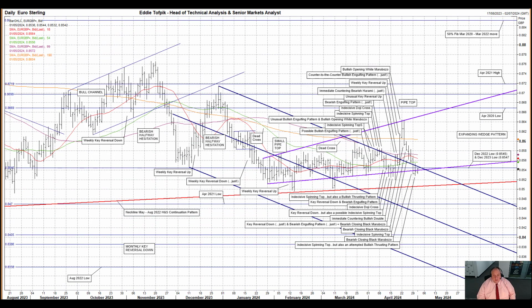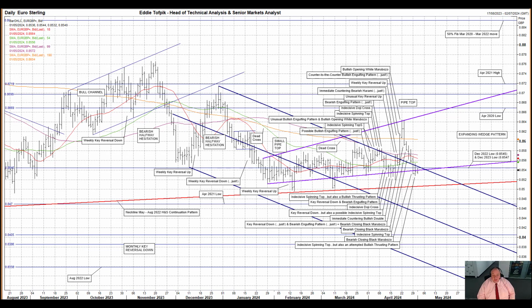Euro sterling, an indecisive spinning top yesterday, which was also an attempted bullish thrusting pattern, coming as it did after the 5 previous bearish black crows. Prices punched back up through the following. The broken dark blue highlighted upper tine, currently at 85.48, of the November-December 2023 bearish shift pitchfork.